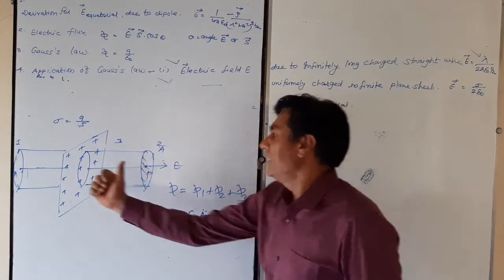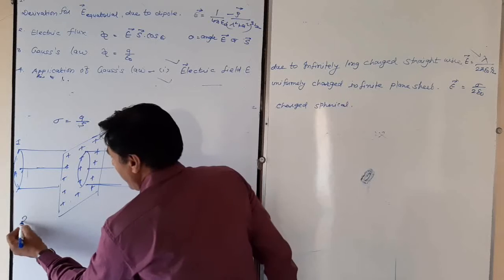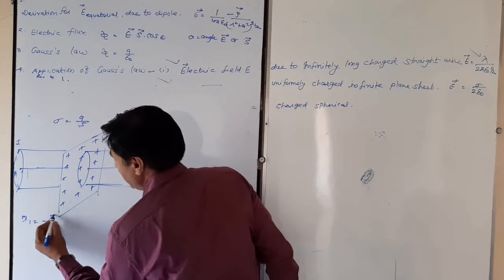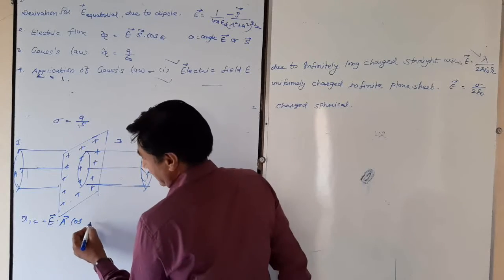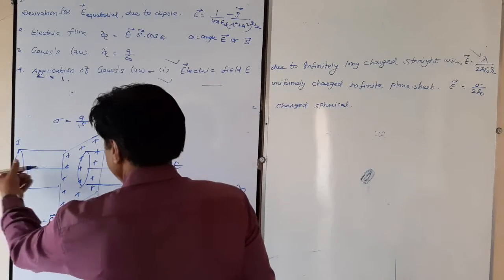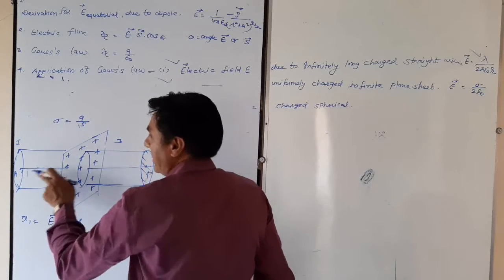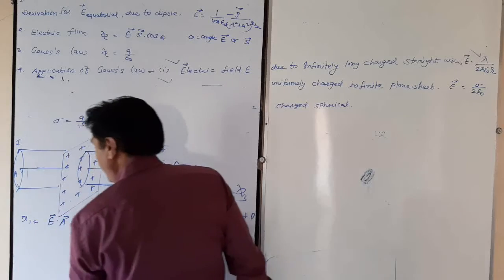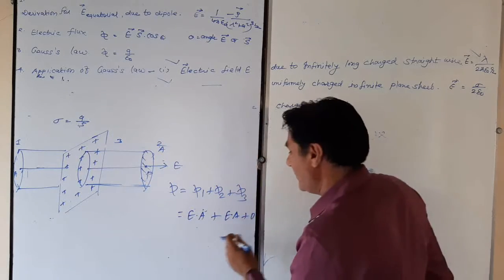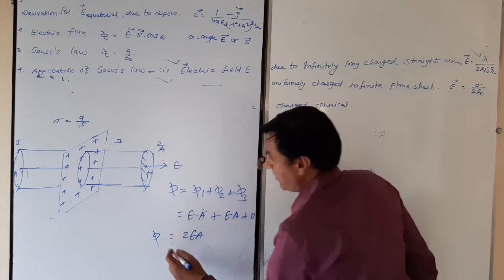You can say, sir, it is vector E, so it is minus E. Phi 1 is equal to vector E, vector A cos 0, which is EA. Clear? Angle between them is cos 0. EA plus EA, so the total flux phi is double EA.